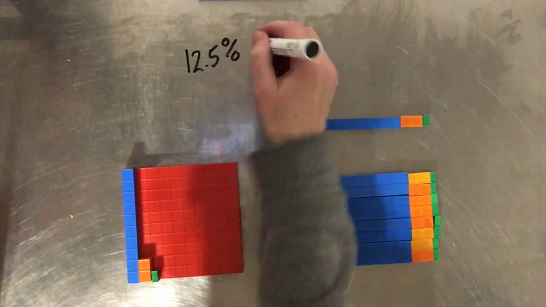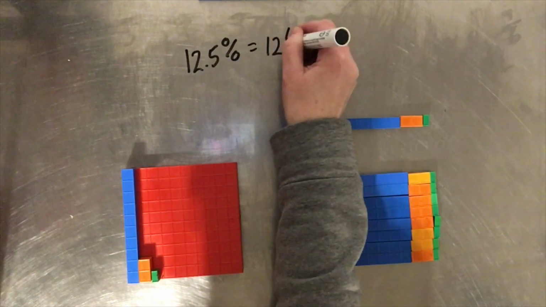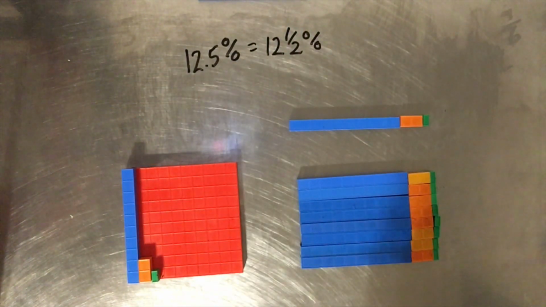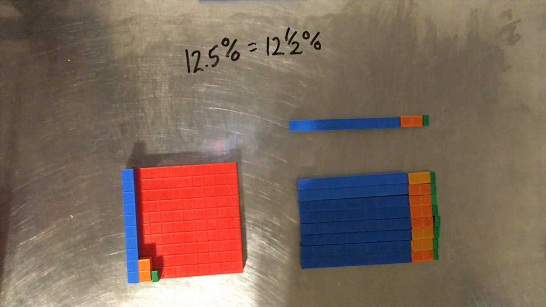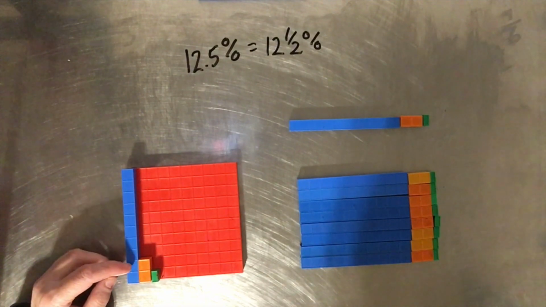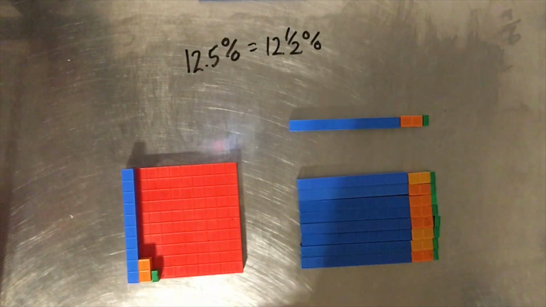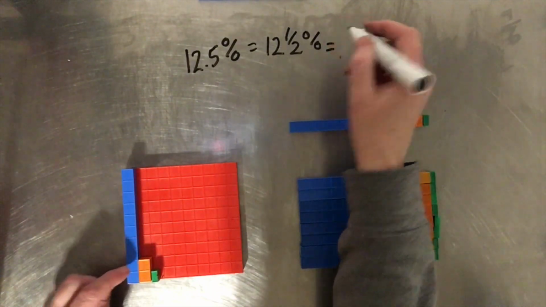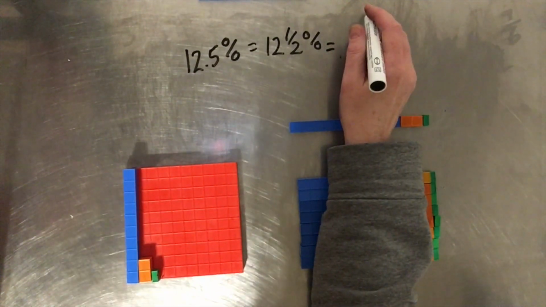You could also write that as 12.5%. Okay. If we wanted to change that into a fraction, all we need to do is really count the pieces, okay?